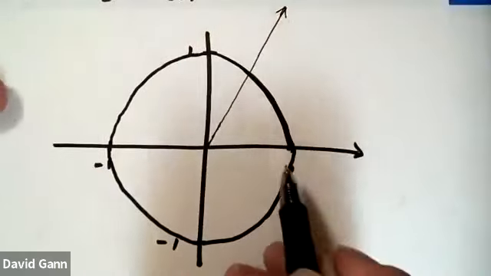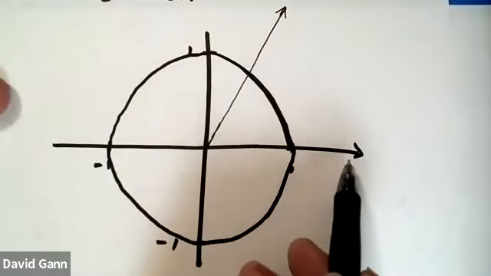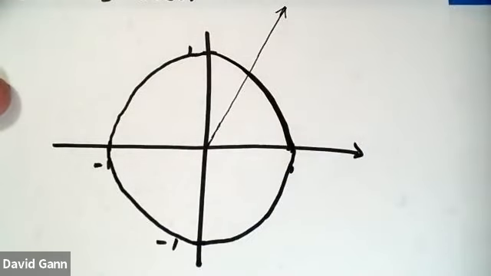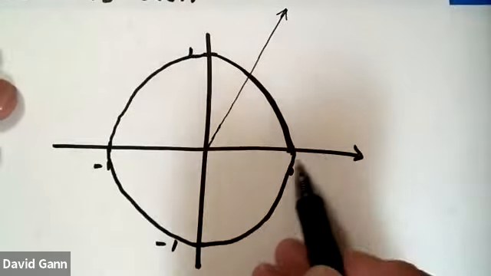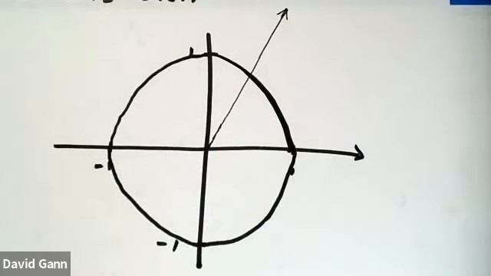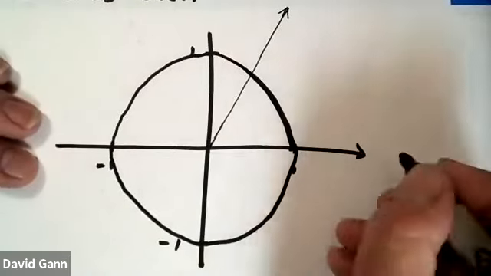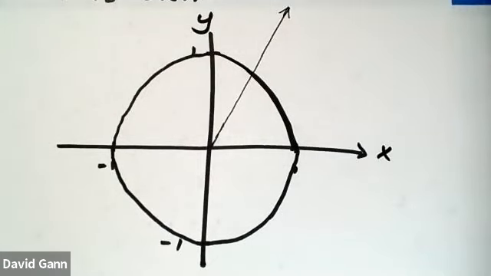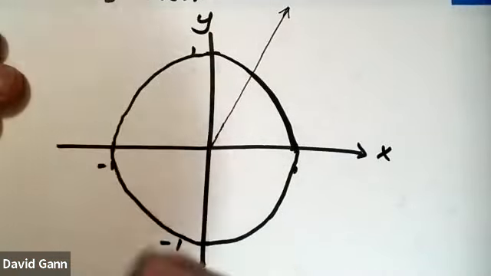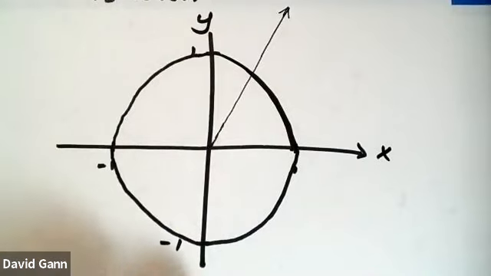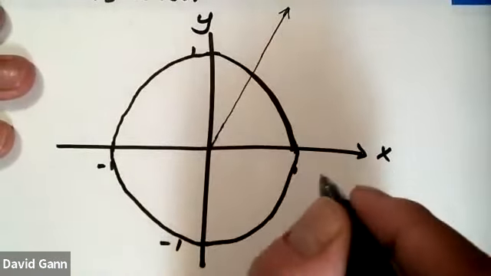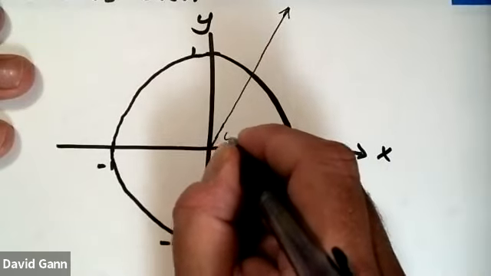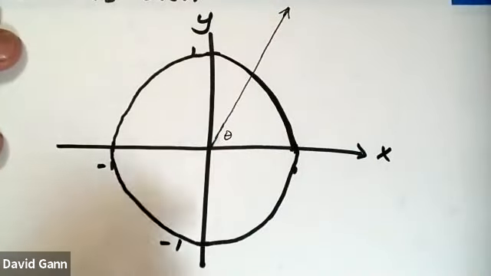Of course, in standard position, the initial ray of the angle is coincident with the x-axis, and the terminal ray determines its quadrant. In this case, we have a quadrant 1 angle. We could talk about it having gone around the circle a couple times, a coterminal angle, but let's not get too crazy with this. So we're going to call this angle theta.